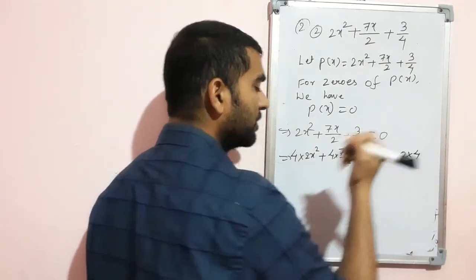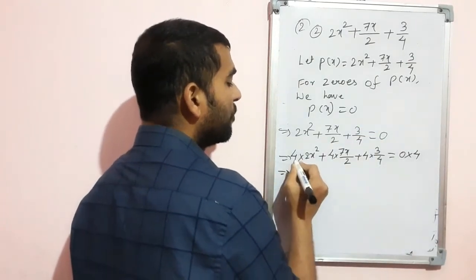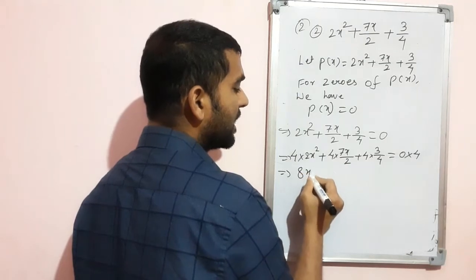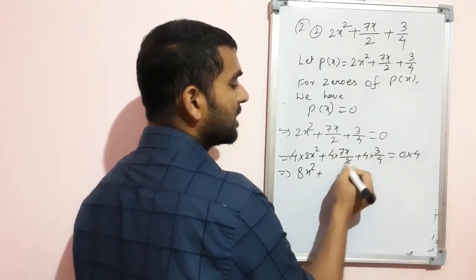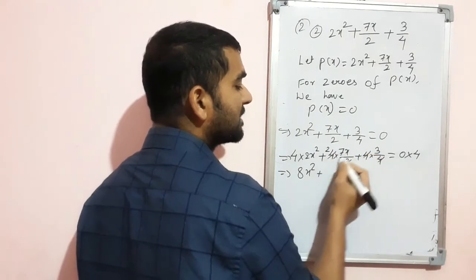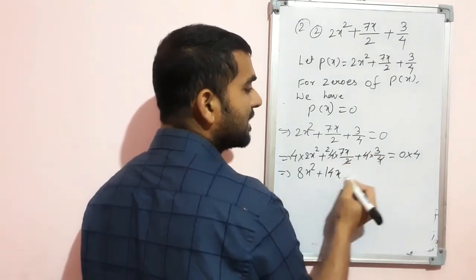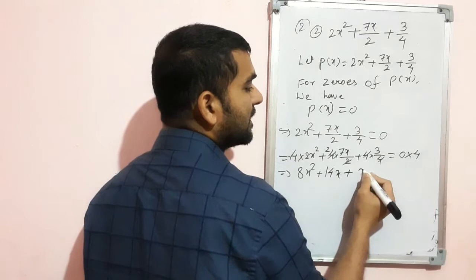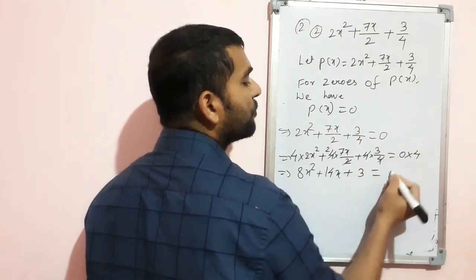Now see what we are getting. 4 into 2, 8x square, plus cancel here, 2 is 4, 4 cancel. So we will get 7 2s are 14x plus 3 equal to 0.